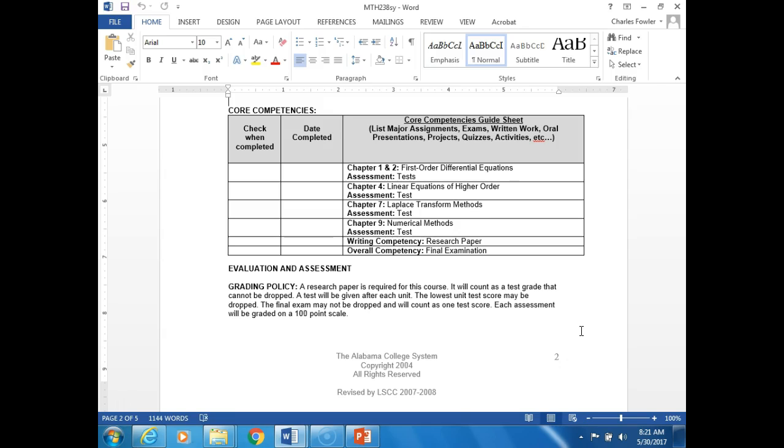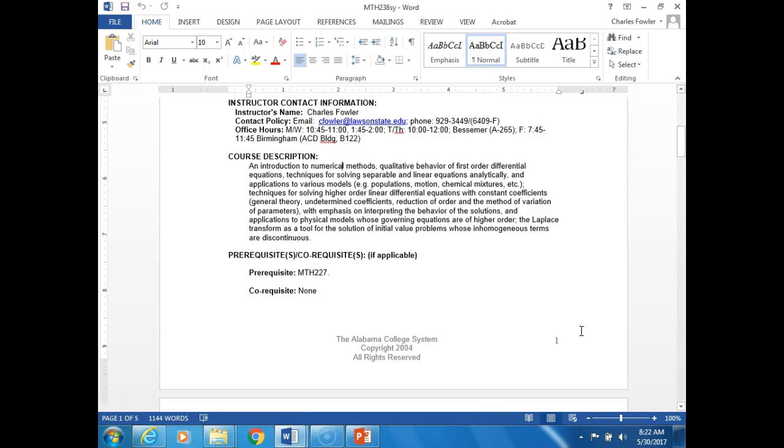There is numerical method in chapter 2. We'll go over that in chapter 2, so we may not make chapter 9. I think I went over that part. So while I had it up, I thought I would notify you of that change in the syllabus.